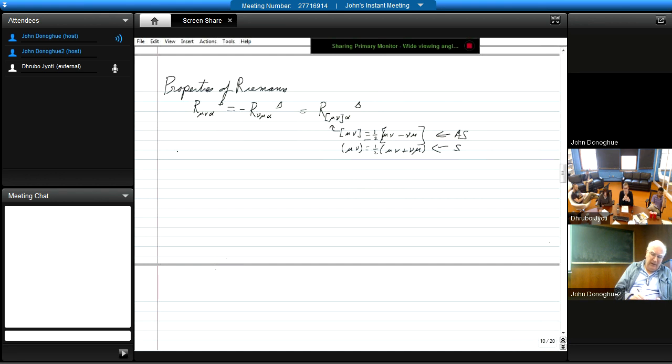Okay, so now if I put all the indices down, R mu nu alpha beta as R mu nu alpha gamma g beta gamma, so I lower the index using g. Then through some work, again, I'm not going to do this work, R mu nu alpha beta is R alpha beta mu nu.